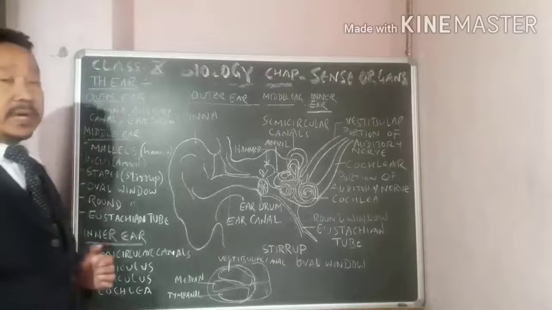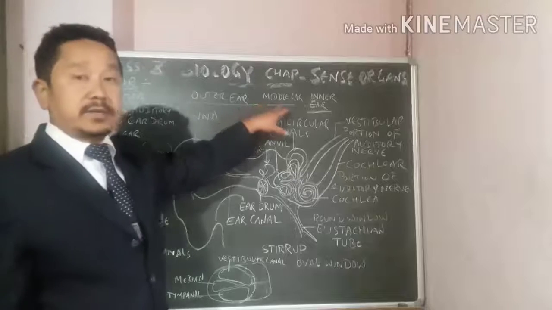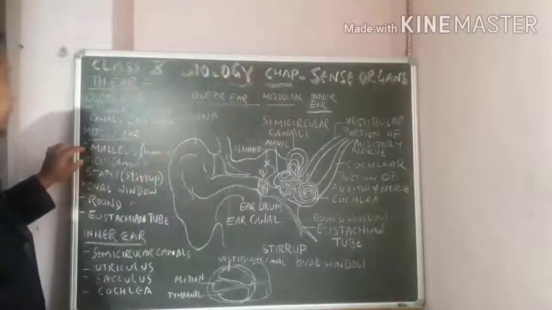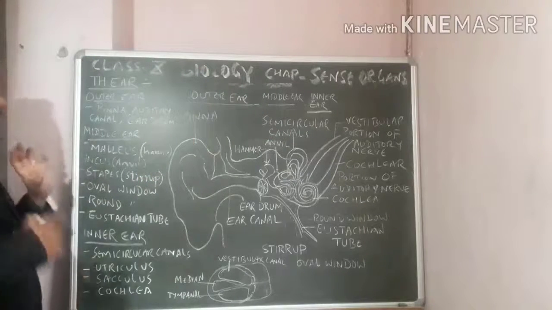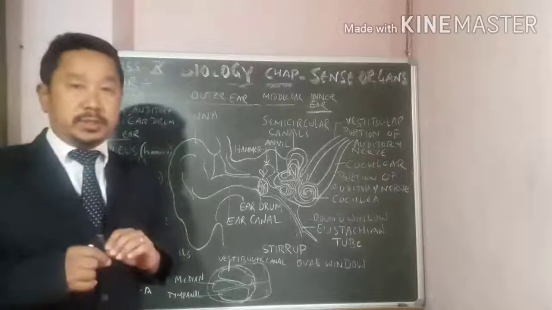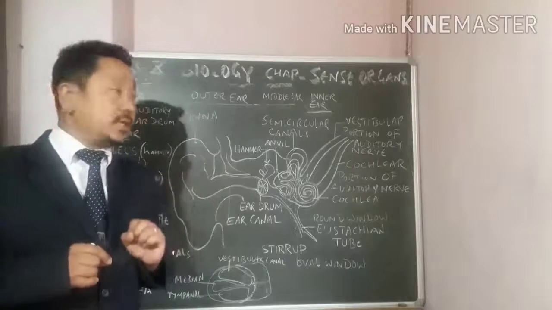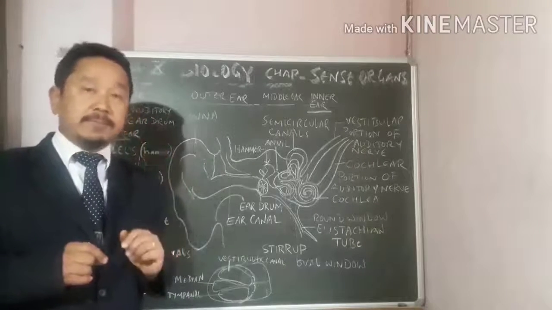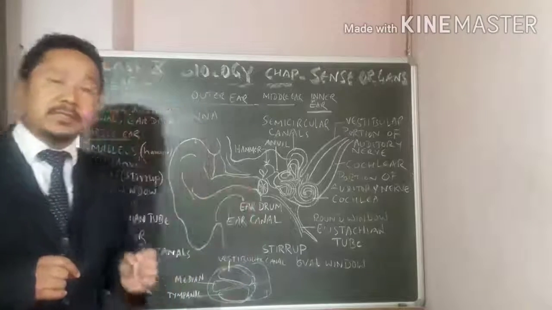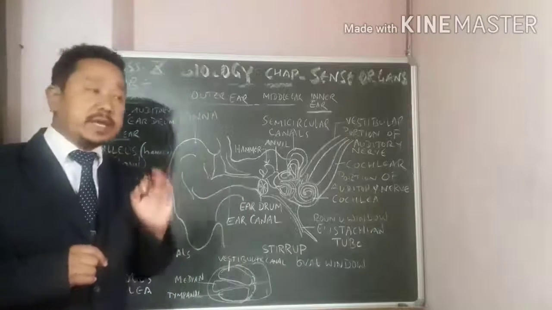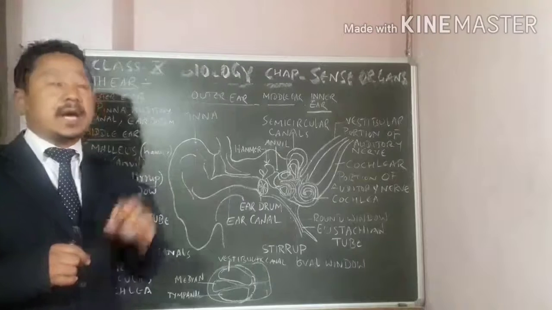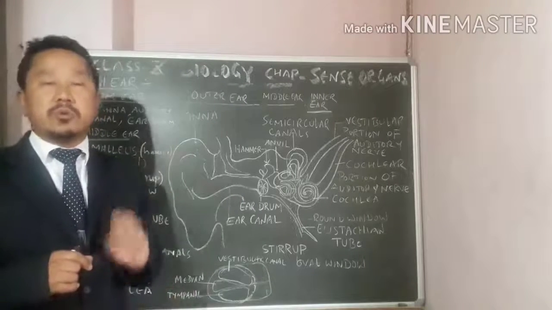The second part, the middle ear, consists mainly of three small bones. These three small bones inside the ear are collectively called ear ossicles.